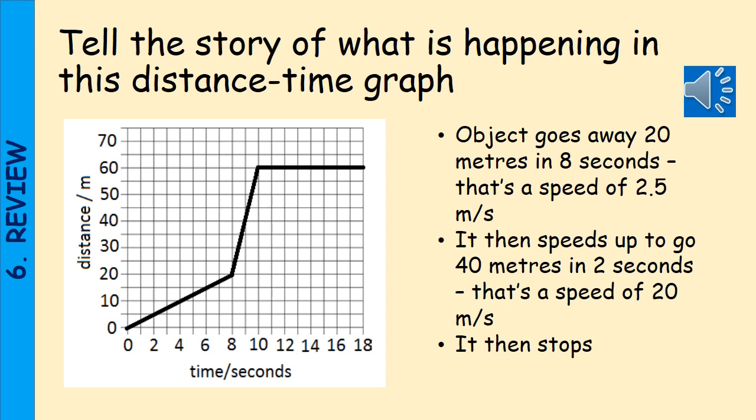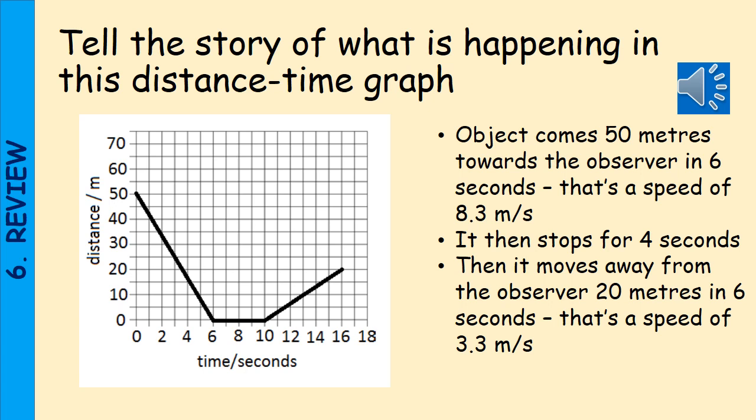So you have to take the difference in time, which is just 2 seconds, from 8 to 10 seconds, and the difference in the distance, that's from 20 to 60 meters, that's 40. So your two figures are 40 meters, 2 seconds, distance divided by time, 40 over 2, giving you a speed of 20 meters per second.